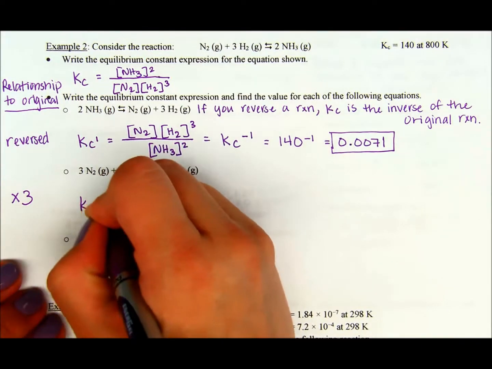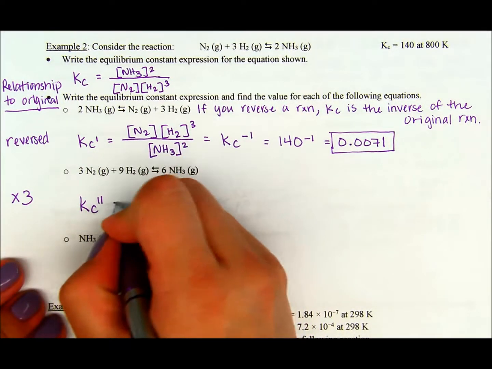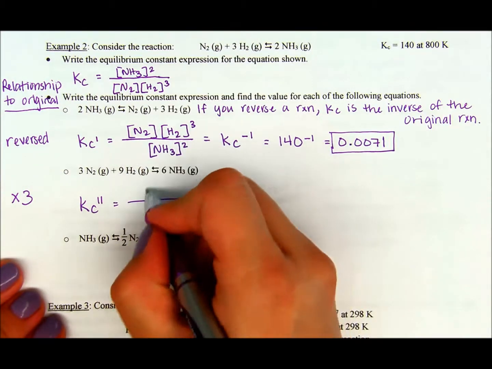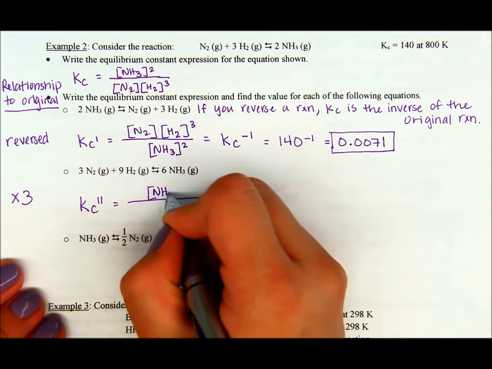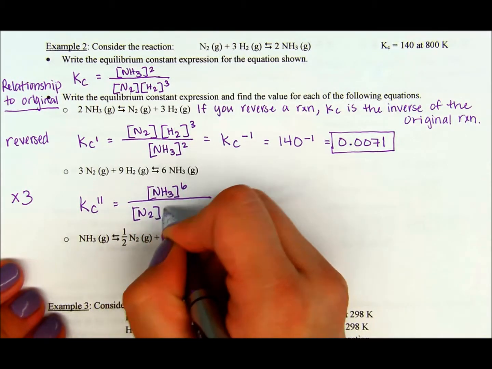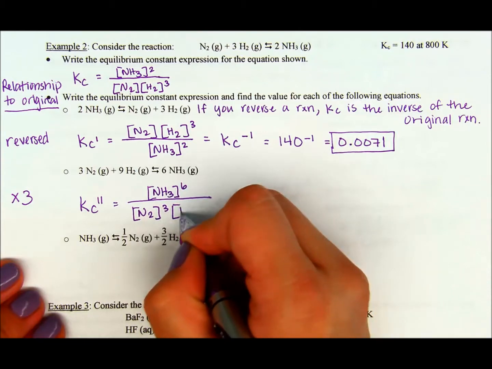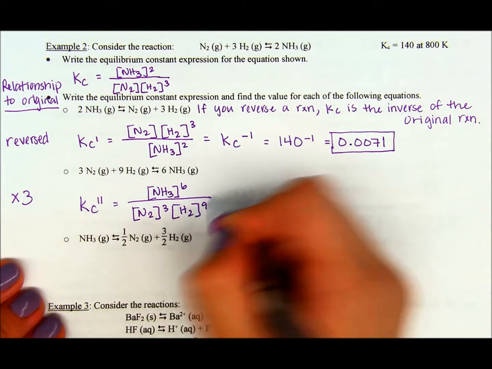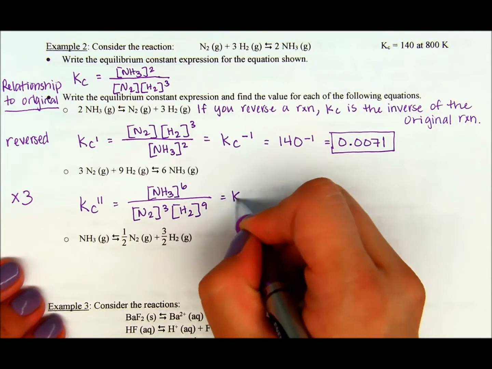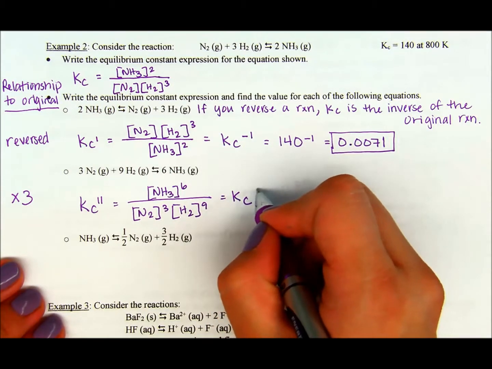So we're going to write our next Kc for this reaction. Again, just products over reactants. Our product is NH3 to the 6th power over N2 cubed and H2 to the 9th power. And that's going to equal Kc cubed.